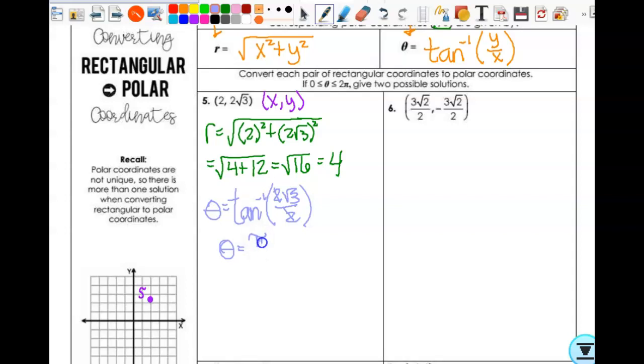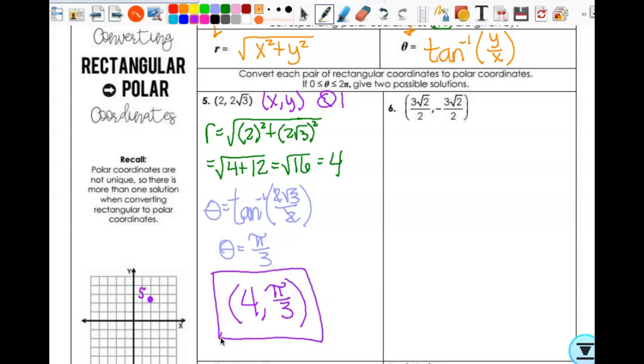Is there more than one quadrant where tangent is positive? Yes, so we have to take our quadrants into consideration here. Just by looking at this, whether I plot it or not, that's positive, positive. I know I'm in quadrant 1, right? So I'm in quadrant 1, which means I want the quadrant 1 angle, which is what I got, so I'm good there. And then so my point is 4, pi thirds.